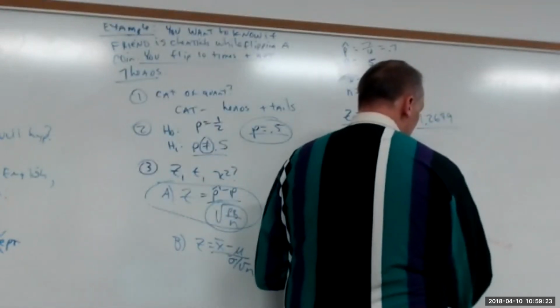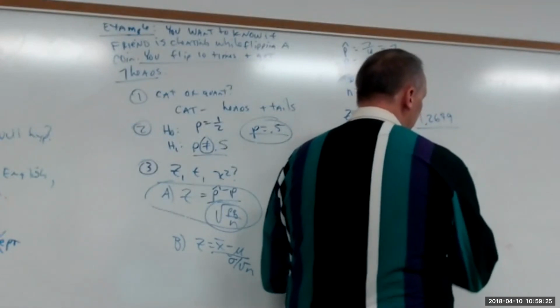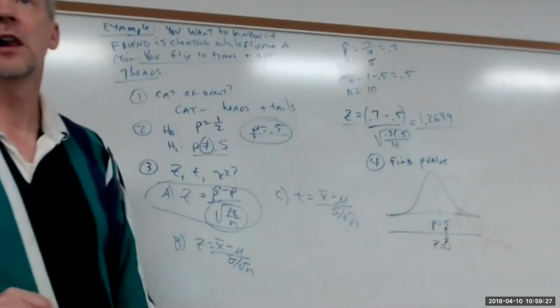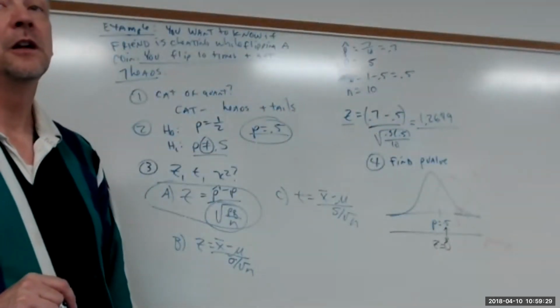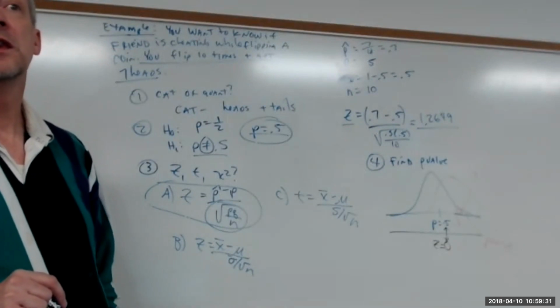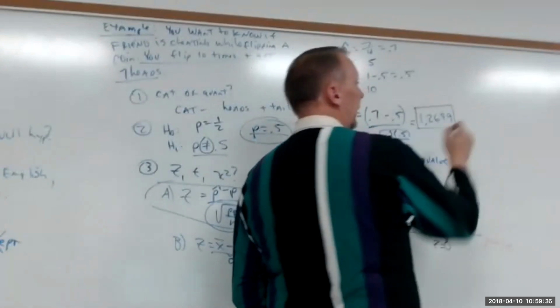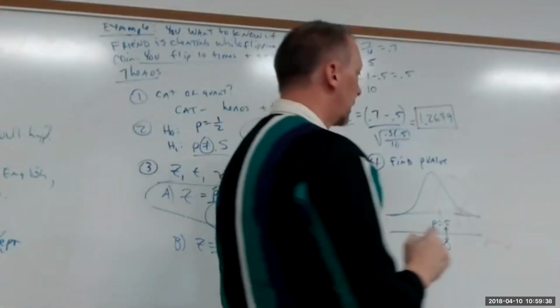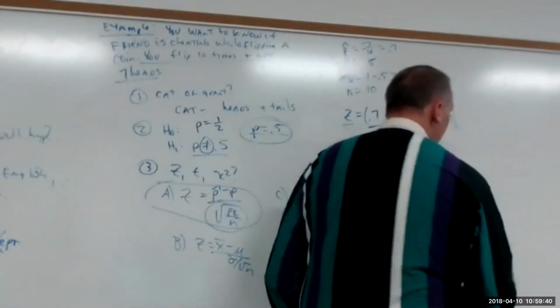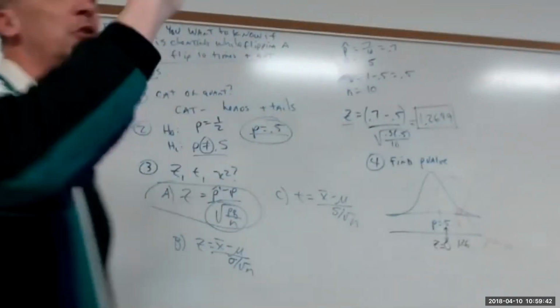So 0 corresponds to 0.5. What does 0.7 correspond to? This value I just found here, right? 1.26. So I'm 1.26 standard deviations to the right.